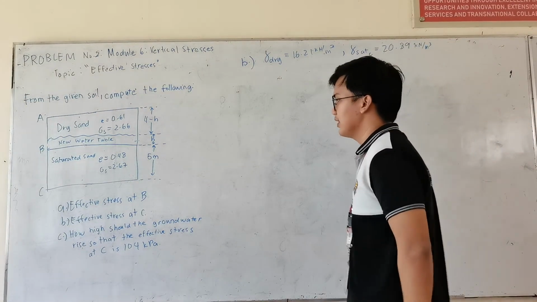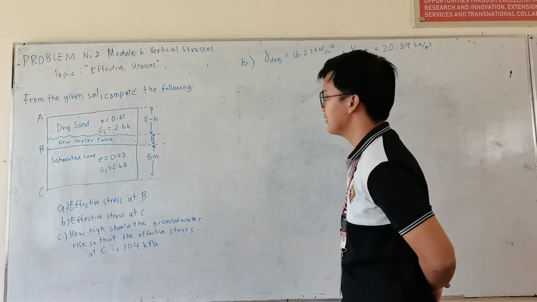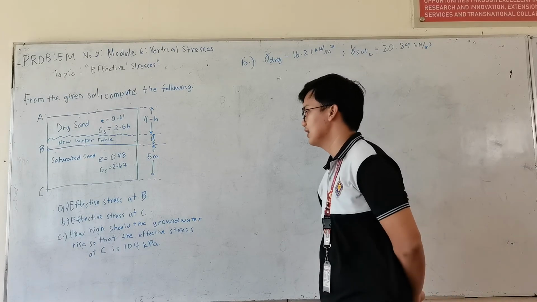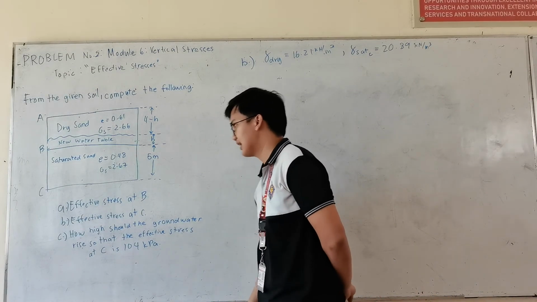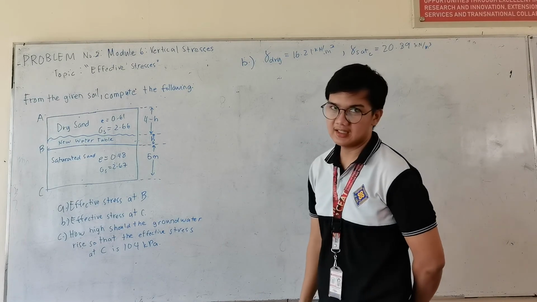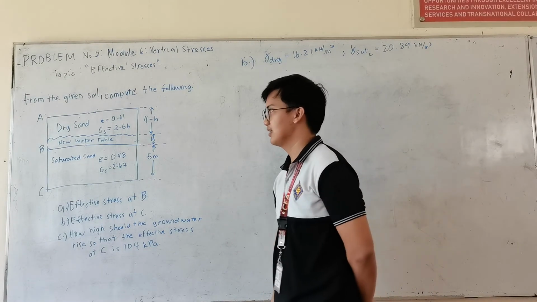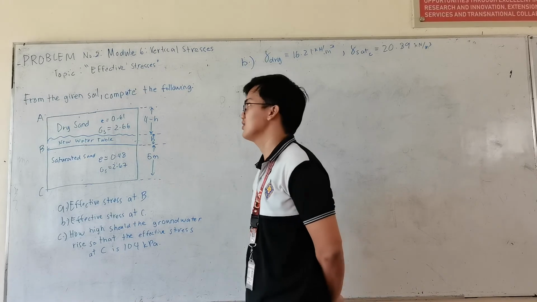So sa letter C naman, yung sinanong is kung gaano pa kataas dapat yung ground water natin para yung effective stress natin sa C is 104 kilopascal. So kung makikita natin dito sa soil profile natin, may mga binagong values dito.